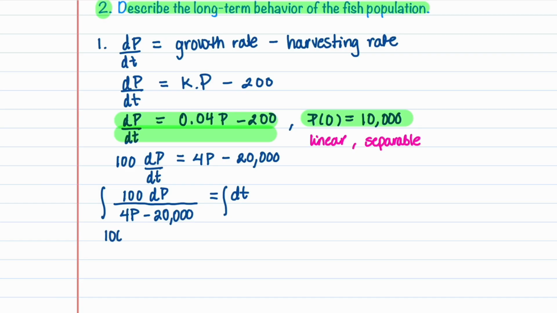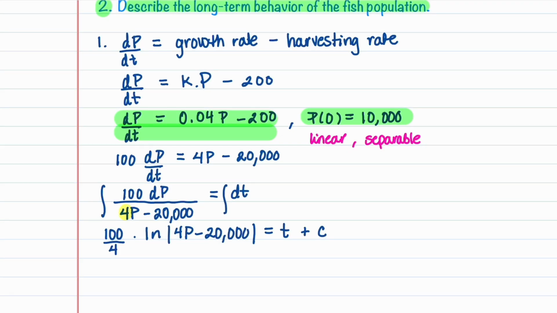We have 100, and because of the 4 here, our derivative needs to be 4 dP, so we are going to have to divide by 4. And that gives us natural log absolute value 4P minus 20,000. And on the right-hand side, we have a t, and then we add on our arbitrary constant plus C.